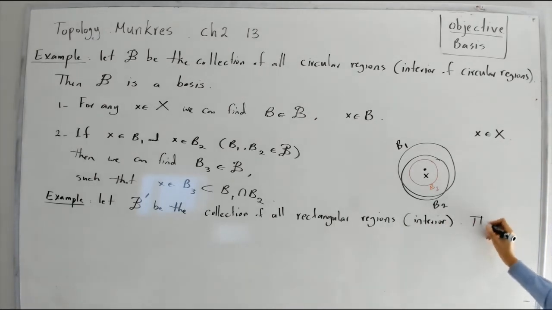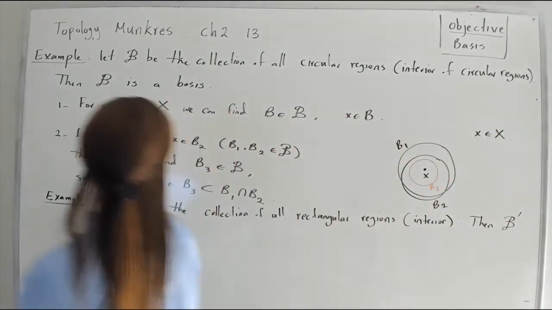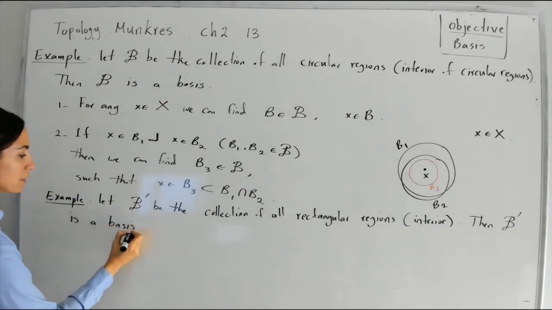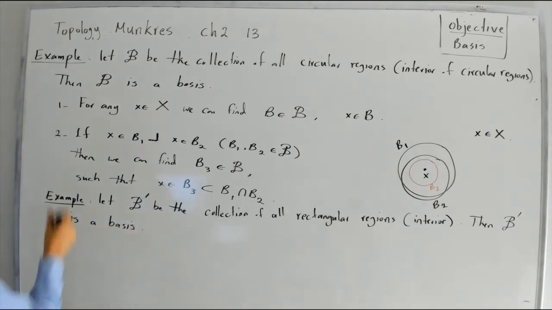Then beta prime is a basis, and it satisfies the conditions that we have for a basis.